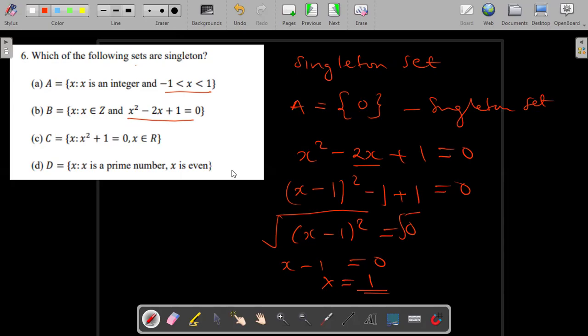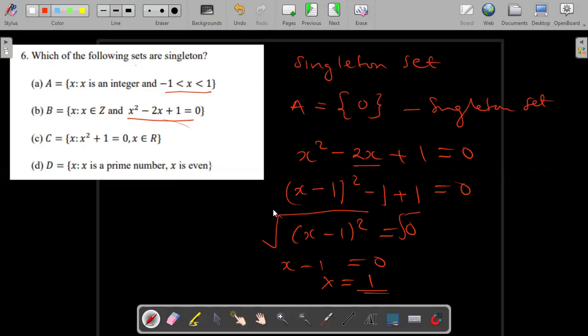So you need to be careful. You need to solve this and see what values it's going to give you. And I know that this one is an integer. Others might look at the squared and say, oh, it's a quadratic equation, and it always gives you 2 values, so this one won't be a singleton. No, you have to solve it and check for real. It could give you one value, or more than one value, which if it's a quadratic would be 2 at the maximum.